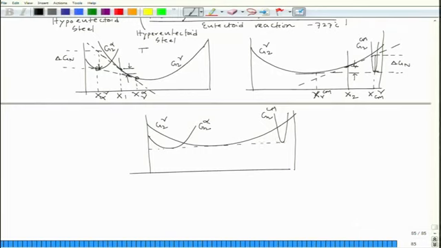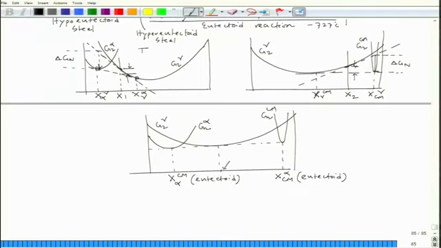We can draw a common tangent. This is x alpha in equilibrium with Cm, this is x Cm in equilibrium with alpha, but I am just putting another label, which is eutectoid, and here it is eutectoid.